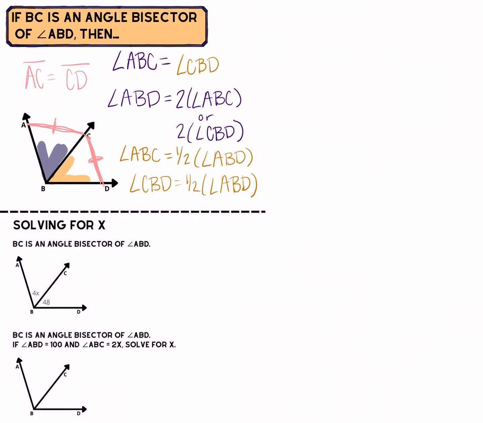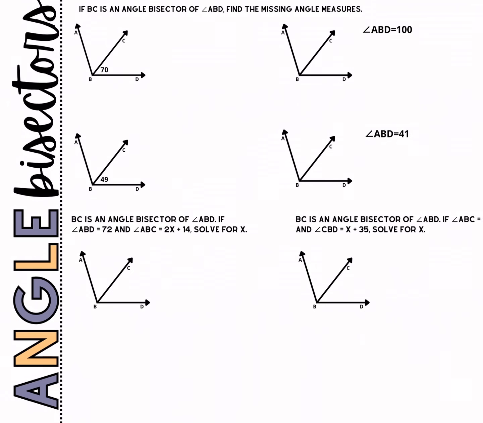So you can go ahead and flip open your foldable. We're just going to do the first section right here because it's the easier one, just applying the relationship that we have. If BC is an angle bisector of angle ABD, find the missing angle measures. For number 1, angle CBD is 70 degrees. Since it's an angle bisector, angle ABC is equal to angle CBD, so angle ABC is also 70 degrees.